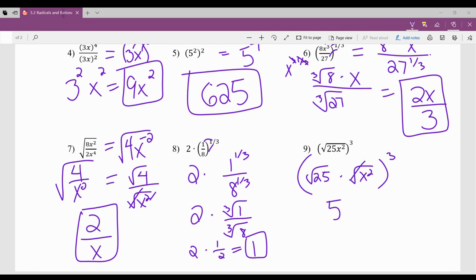Square root and squared are going to cancel, so it's 5 times x, 5x, and that whole thing is being raised to the 3rd. So now I've got to distribute the 3rd into both things, 5 to the 3rd, x to the 3rd, so that's going to equal 125x to the 3rd.